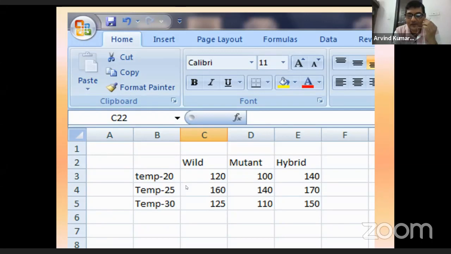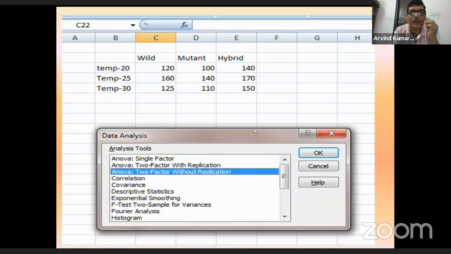So 2 parameters we are going to consider. Temperature is shown in rows, whereas the types of flies are in columns. We will go to data analysis. Again, we will go to data. On the upper side, when we click data, then data analysis will come. When we click that, this box will appear.